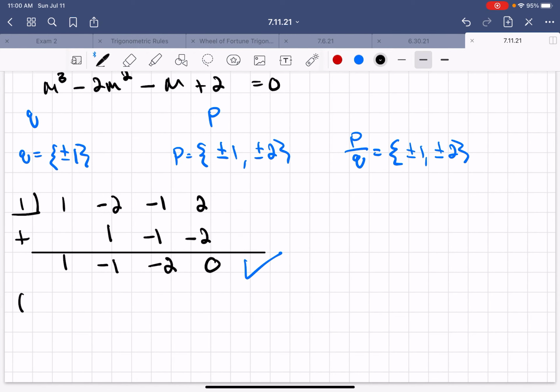So now we have m minus 1 because we used a 1 right here. And also, if we had a negative 1 over here, then this would be m plus 1. And then we get m squared minus m minus 2 equals 0. This is just from m squared, negative 1, and negative 2, so these are the coefficients attached right here.